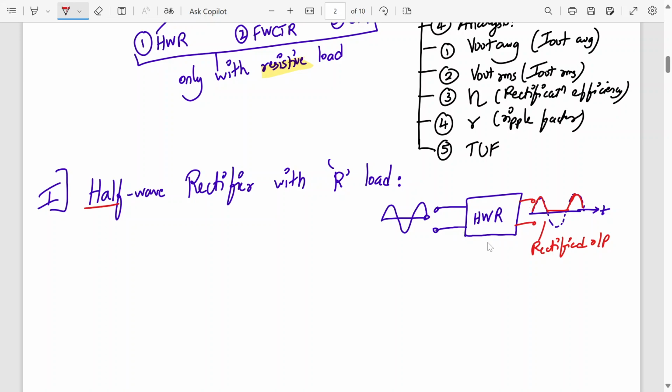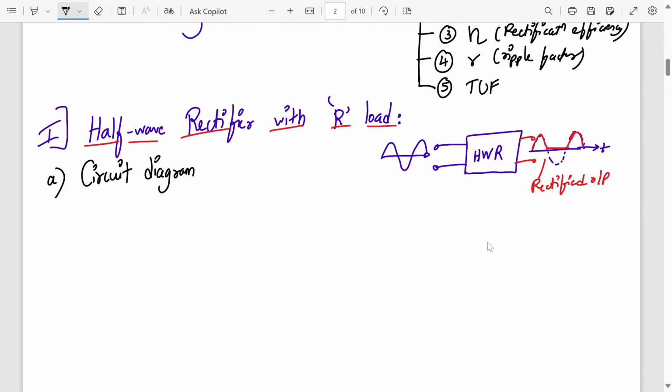So let's first start with the circuit diagram. Draw the circuit diagram first. First we have an AC mains supply that has been passed to a transformer.